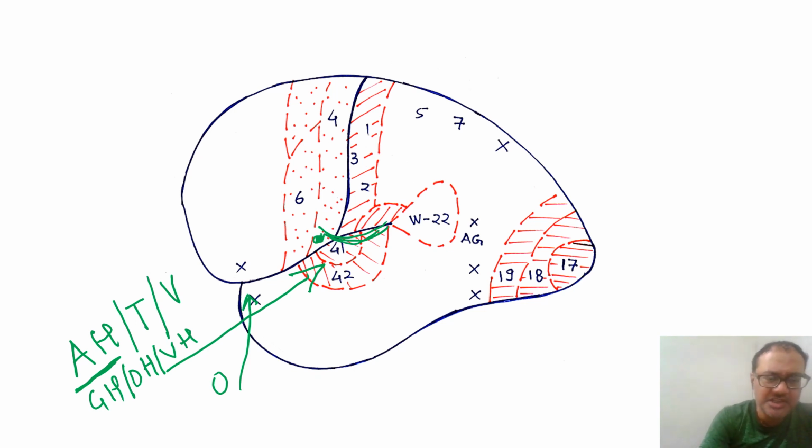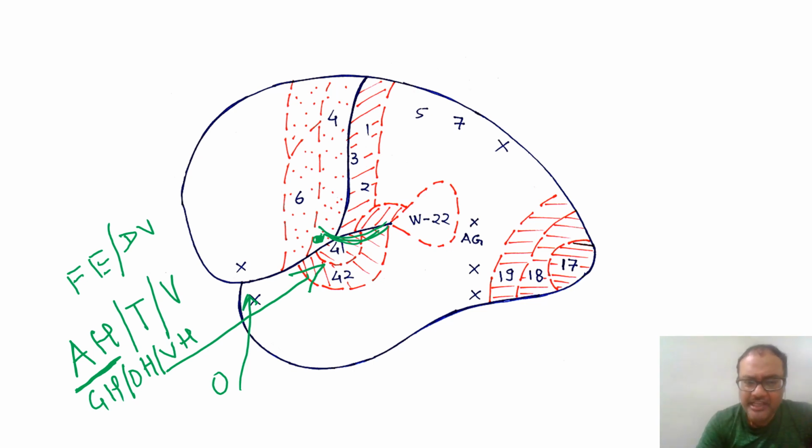Its stimulation can cause focal epilepsy, which also has clinical features of deja vu, already seen state, or dreamy state. So this is about the effect of stimulation.